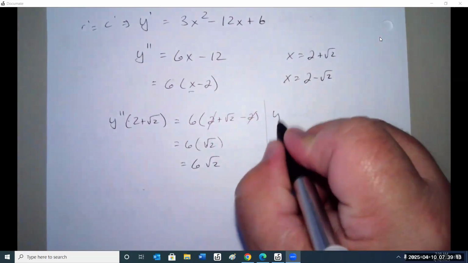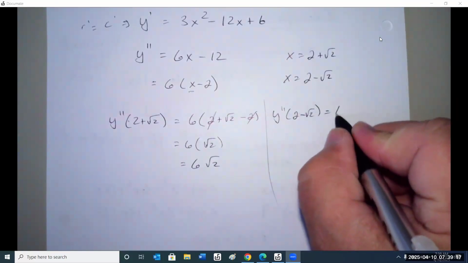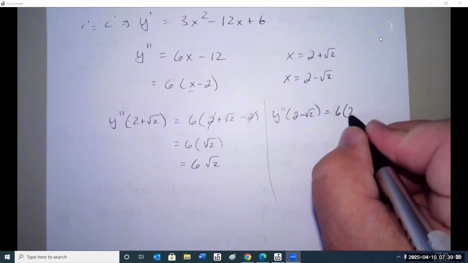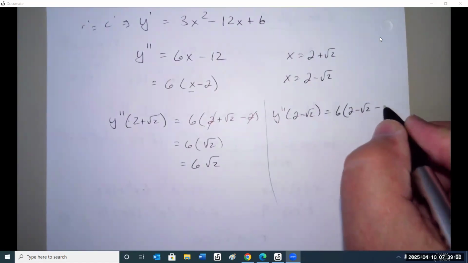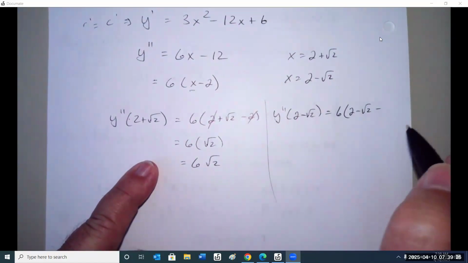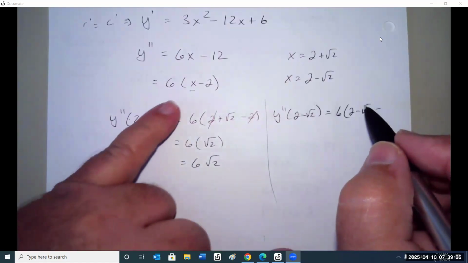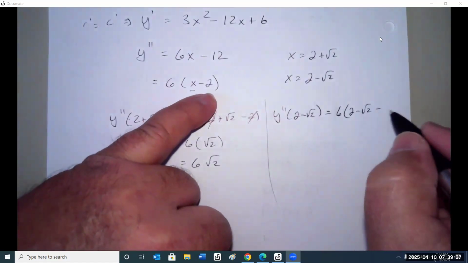And the other one at 2 minus radical 2, which is 6 times 2 minus radical 2 minus 2.